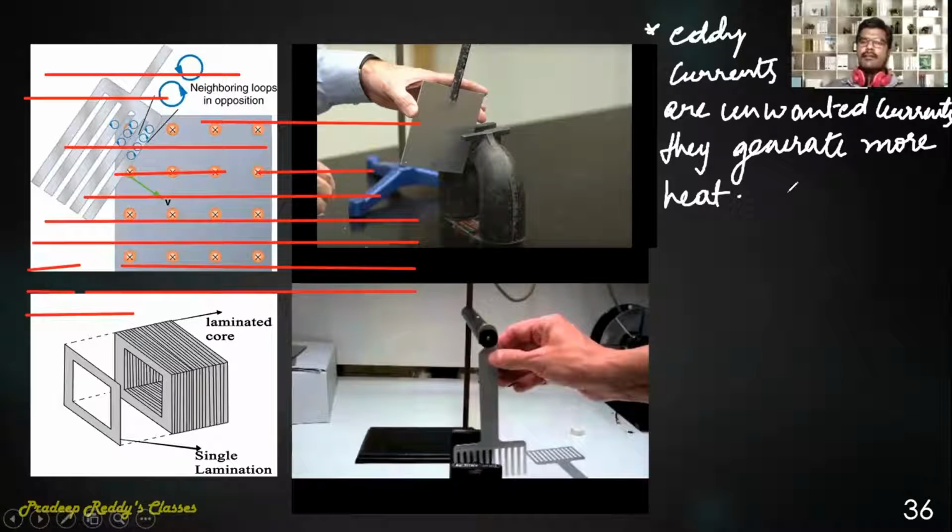So whenever we require to heat a substance, then definitely we will be producing more eddy currents. But if we don't want eddy currents to be produced, you need to minimize them, right? So, minimizing eddy currents.